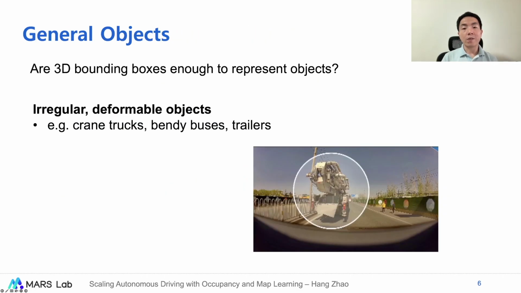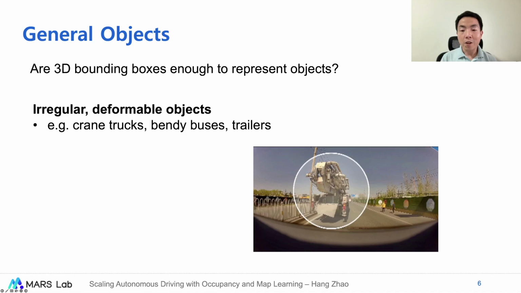Let's first talk about the first question about perception. In self-driving, we use the term general objects or general obstacles to talk about the long-tail distribution of things that we observe on the road. They include many different types of long-tail objects. For example, irregular and deformable objects, such as crane trucks, bendy buses, trailers, and so on.